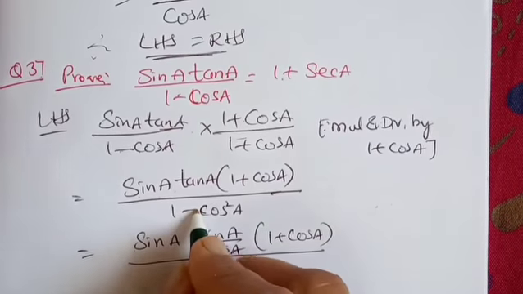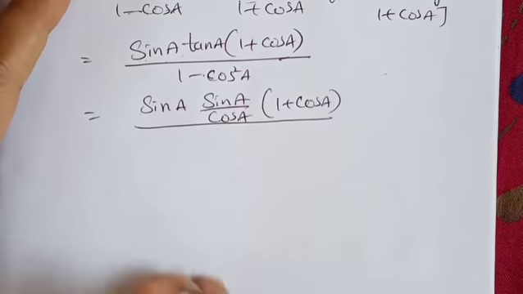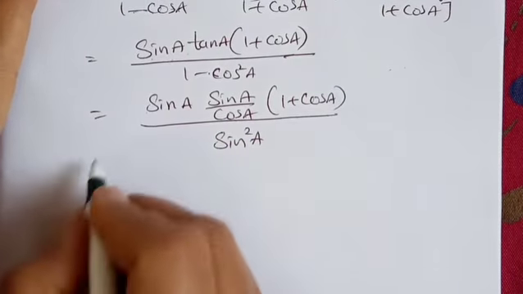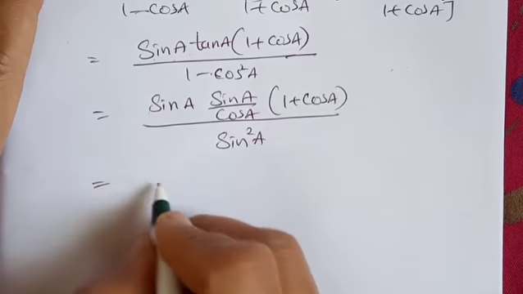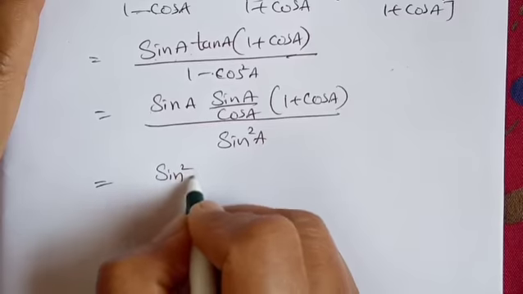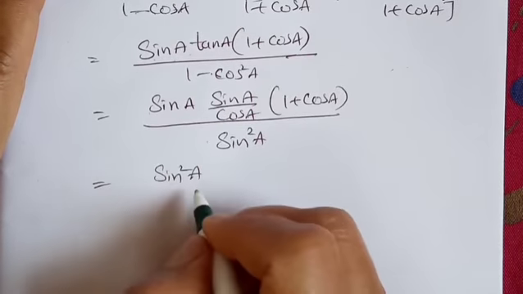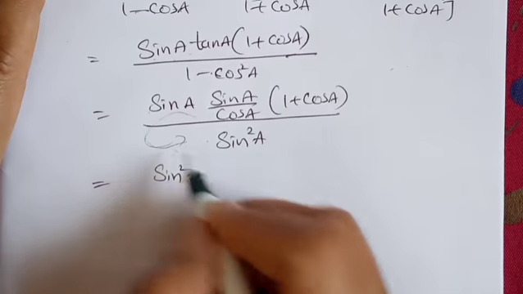And in denominator, we can write 1 minus cos square as sin square A. Okay? And now here, sin A is how much? Sin square A. Okay? And this cos A can be written in denominator. This can be transposed.